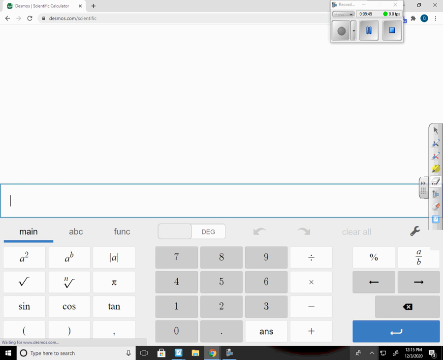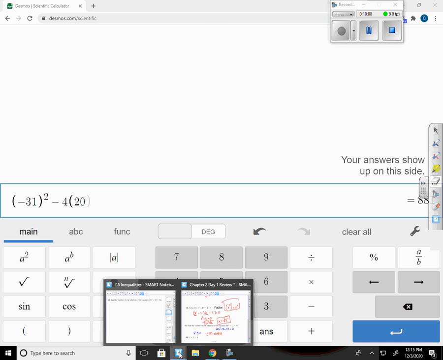Mental, scientific. So I do negative 31 squared minus 4 times, it was 20, right?